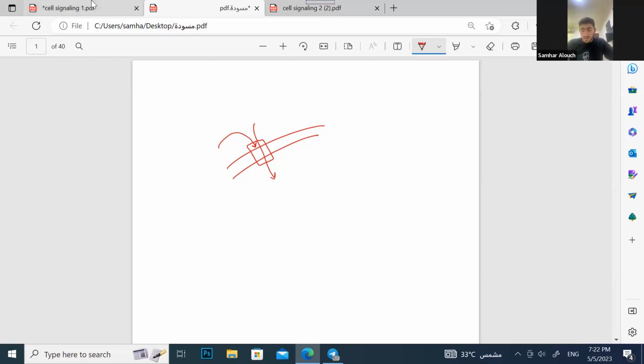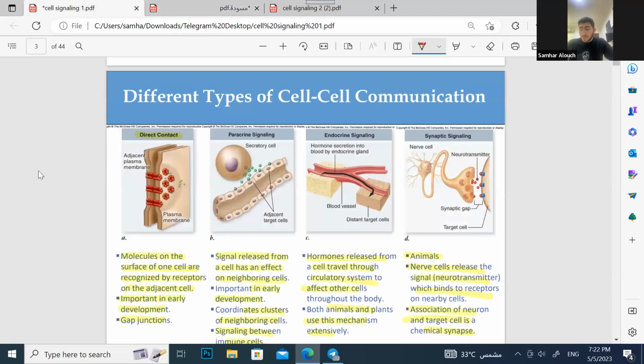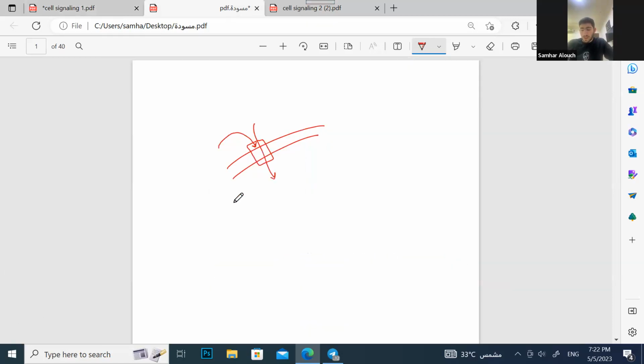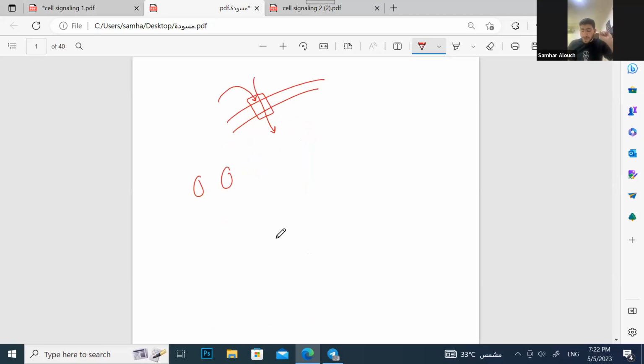Okay, so we have different types of cell-cell communication. We have cells in our body and the cells communicate with each other. They send signals to tell each other what to do, okay? And we have 4 different types of communication. The first one is direct communication. From its name, the cell is directly attaching to the other cell, so it directly communicates with it.